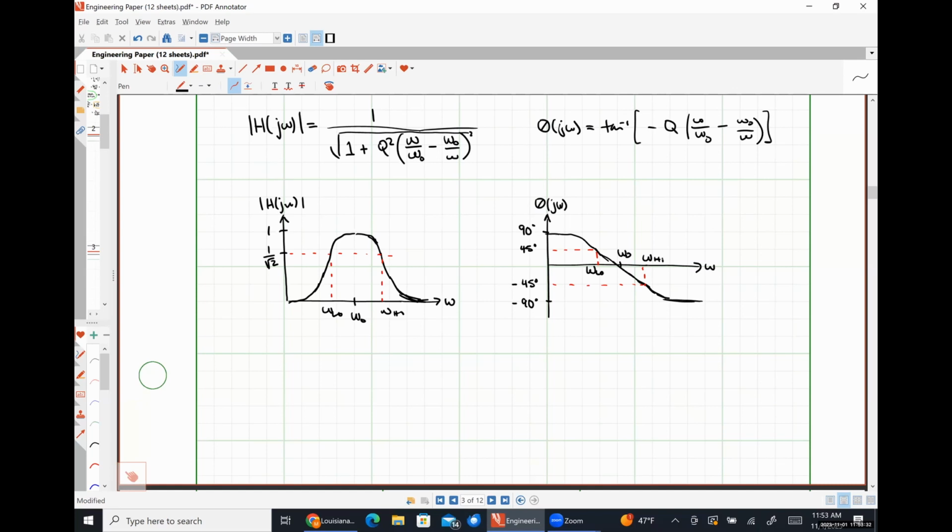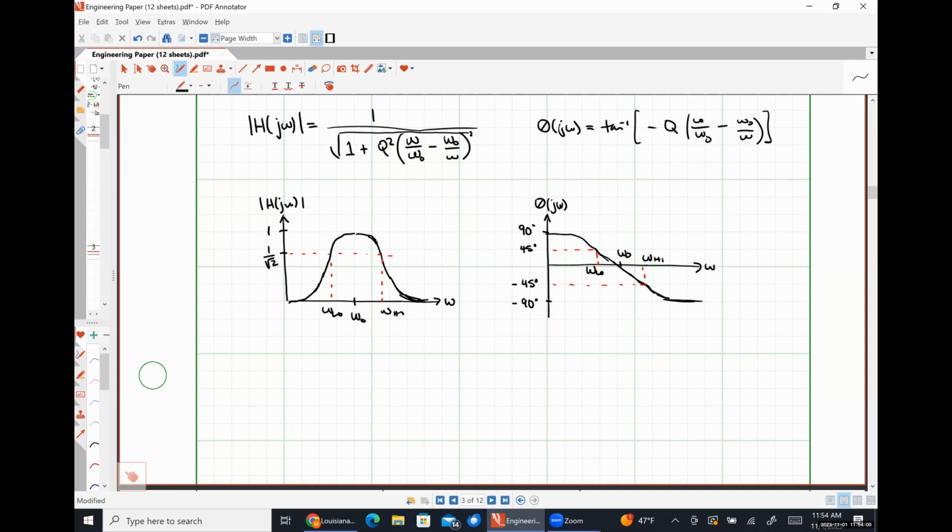So that means that this denominator has to be equal to the square root of 2, or this expression, Q times omega over omega naught minus omega naught over omega, must be equal to plus or minus 1, right? Because 1 plus this thing squared has to equal 2.